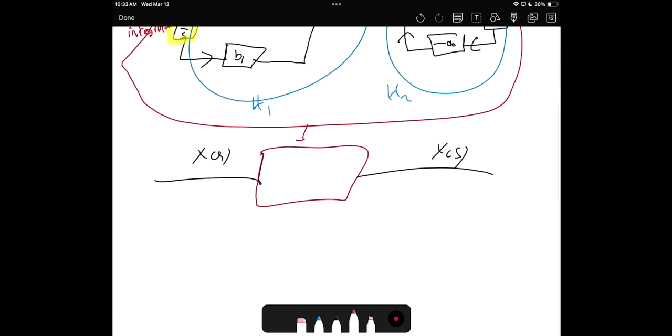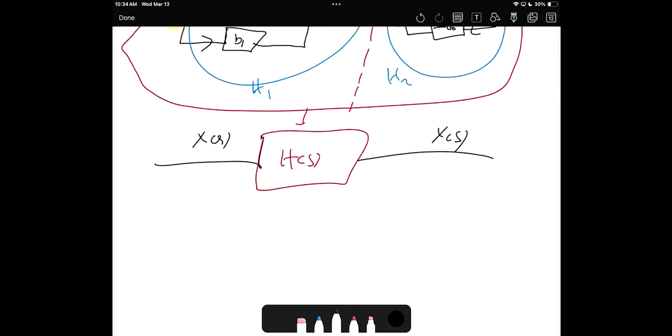So basically, the procedure is to find h1 of s, which is z of s over x of s, because the output is the intermediate variable, while h2 of s equals y of s over z of s.